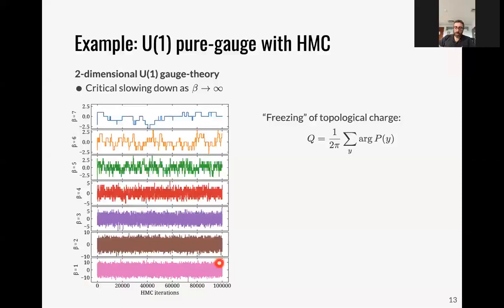So the Markov chain is running from left to right in all these plots. And what you can see as you go to larger beta is that the topological charge, what we say, freezes. So it stops changing, which means that you have all the more rejected changes here.